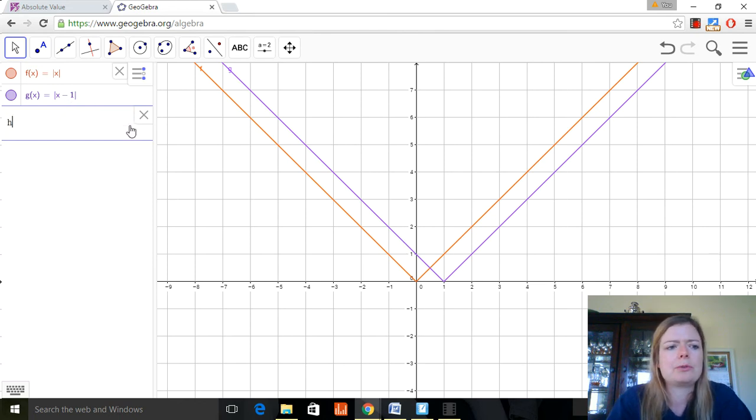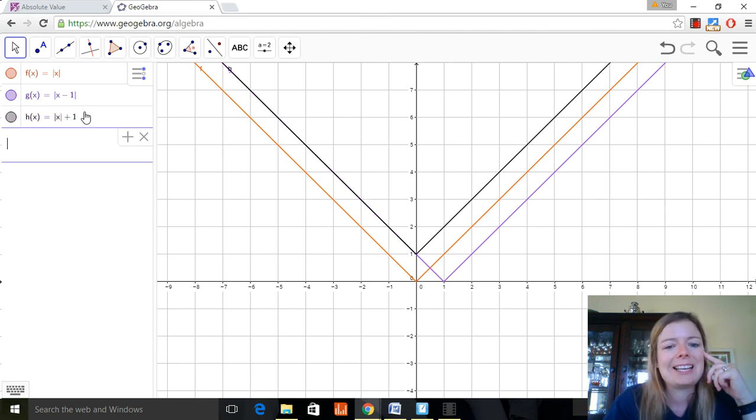If I do h(x) = |x| + 1, where the +1 is on the outside of the function, take a gander, what's going to happen? It's a vertical shift up 1 from the original orange function, because the +1 is on the outside of the function. So that gives you a little precursor to what's going to come with transformations.